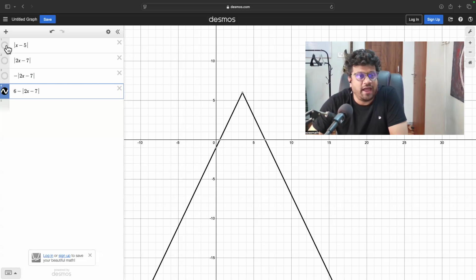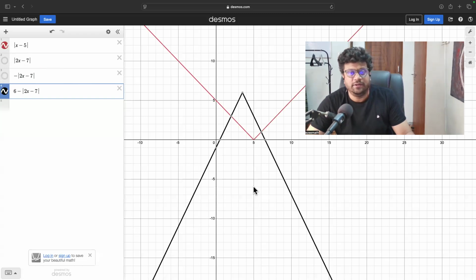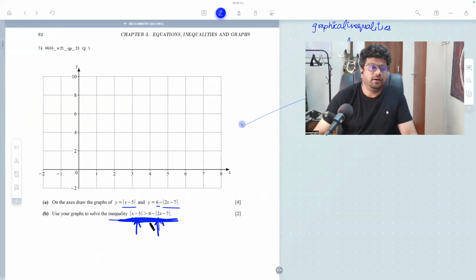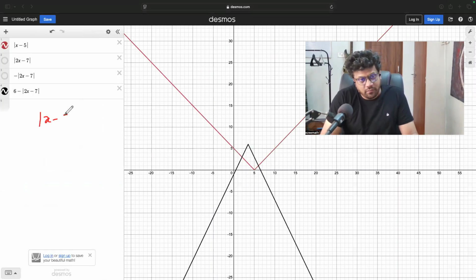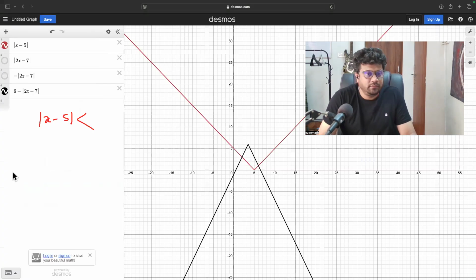And now you have mod of x minus 5 already, as asked in the question involving the inequality. There are two absolute linears there. So there's the other one. Mod of x minus 5 and 6 minus mod of 2x minus 7. Now you want mod of x minus 5 to be greater than 6 minus mod of 2x minus 7.